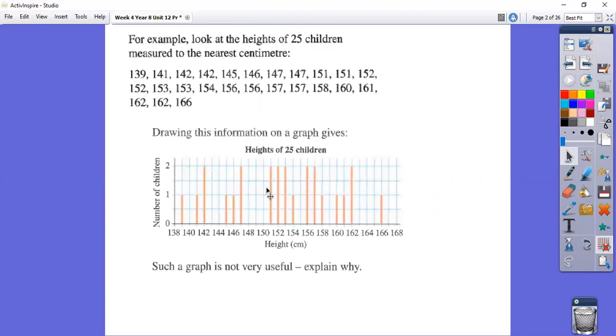You can't really say much from looking at this, because this data is continuous, measurement instead of counting the individual children. Representing it like this is not very useful for someone looking at this information. The bars, these lines, don't really tell us about the distribution of the heights of the children we're looking at.